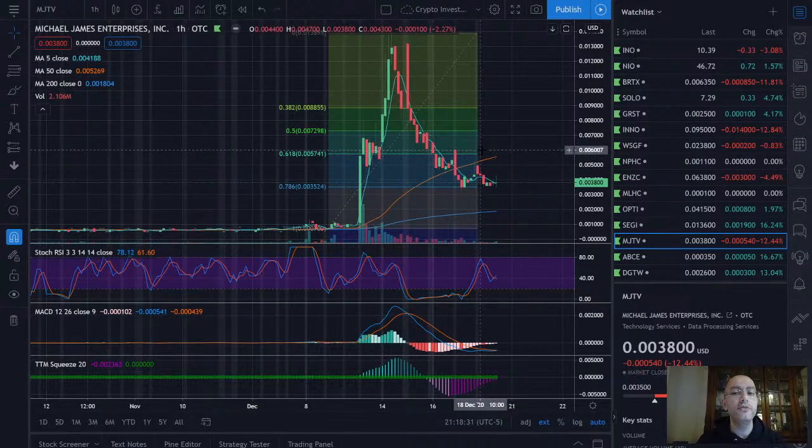The moment it manages to break that resistance comfortably, and comfortably means it doesn't break it just by a little bit, it breaks it well enough, then that's when you get into a position, because you're more comfortable that it will continue to move upwards ultimately.